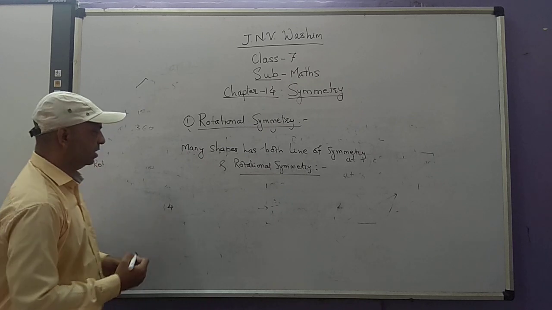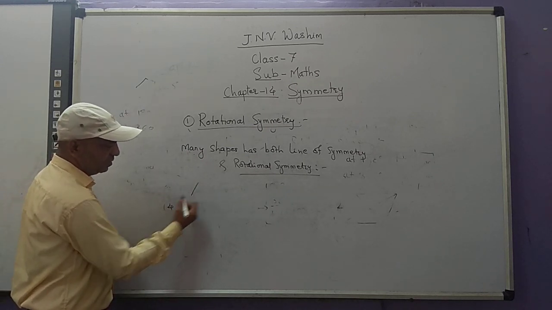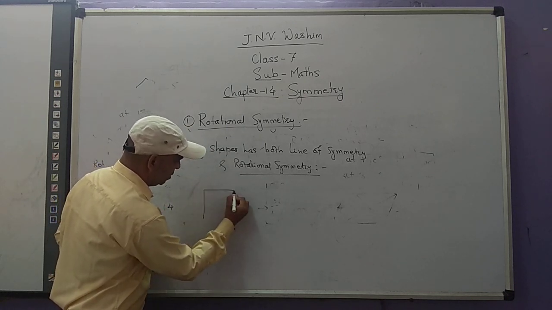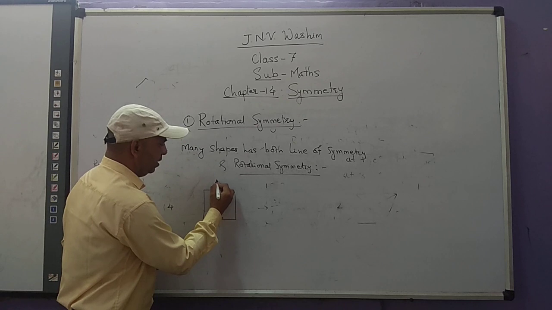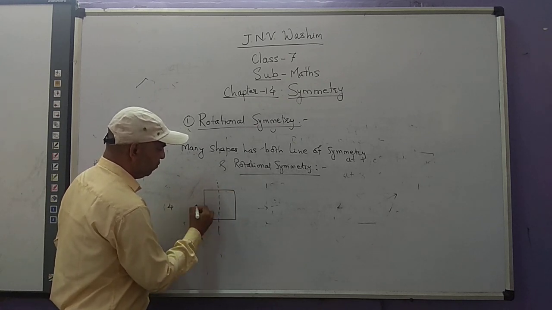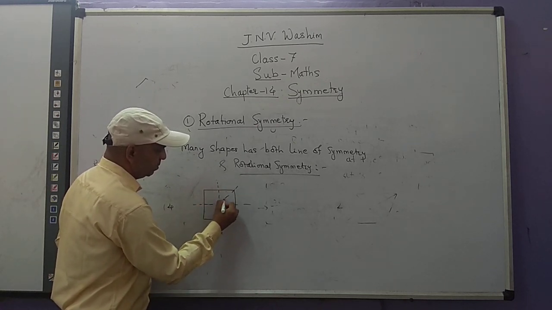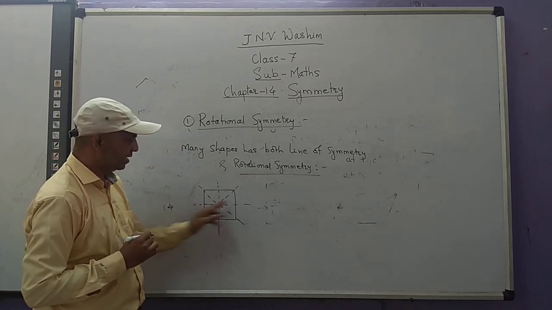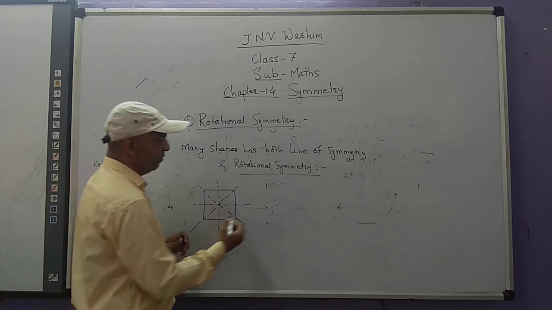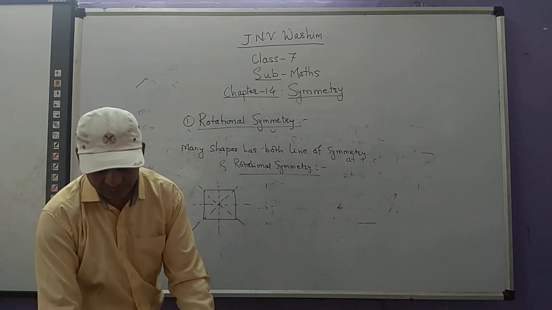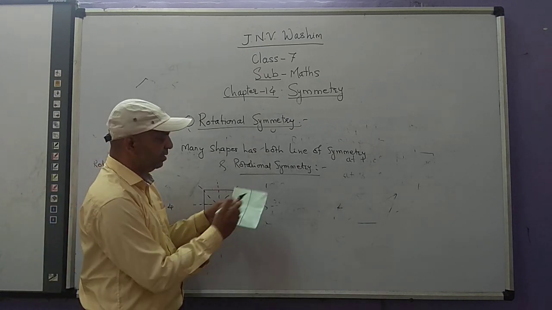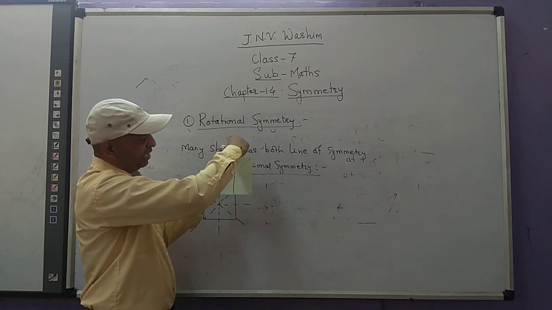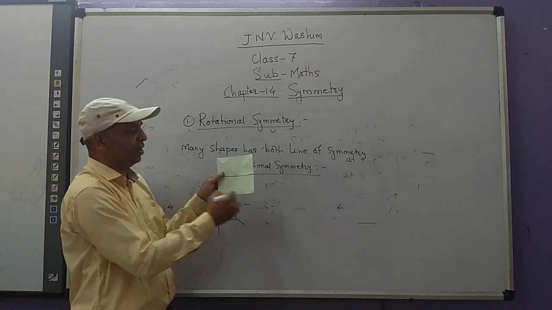Okay, so consider, suppose a square. It has 4 lines of symmetry like this. Okay, this is the first line, second line, third line, fourth. And when we rotate the square through 90 degrees, it again occupies a position like a square.